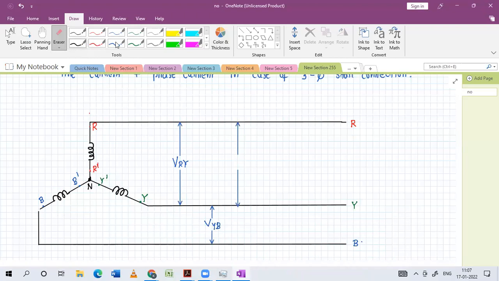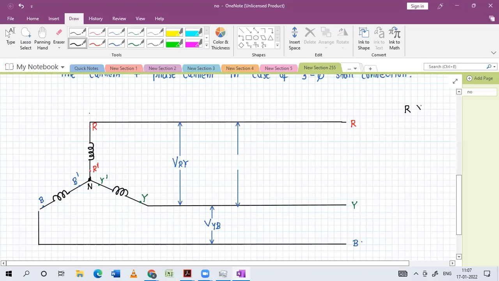Why BR? Because our phase sequence is R, Y, B, so the combination is first RY, then YB, and then BR. So the third voltage is VBR, the voltage between B phase and R phase. These are all known as line voltages.